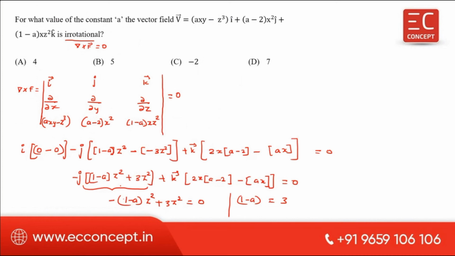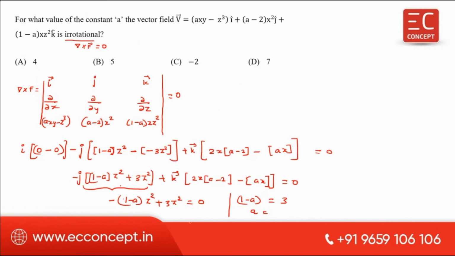Z square is taken out, therefore it gets cancelled. Therefore a is equal to, okay, the minus minus is cancelled. Therefore a is equal to, okay, 1 minus a into z square, this one minus 3 z square.